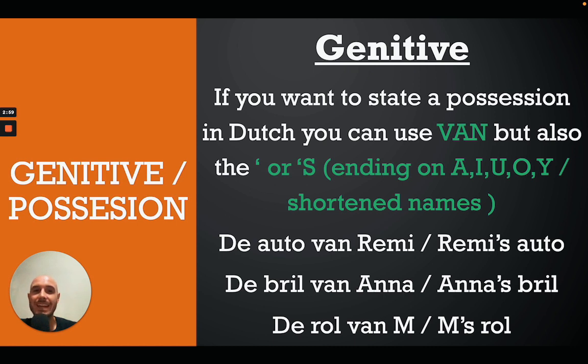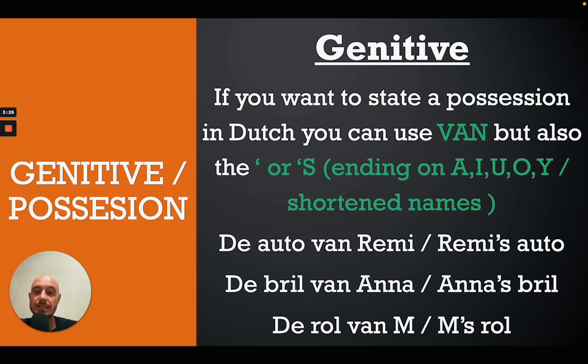Basically we add an apostrophe s if the word ends on an A, an I, a U, an O, and a Y, or also with shortened names. Then we can also add an apostrophe s, or sometimes just an apostrophe if the word ends on an S.